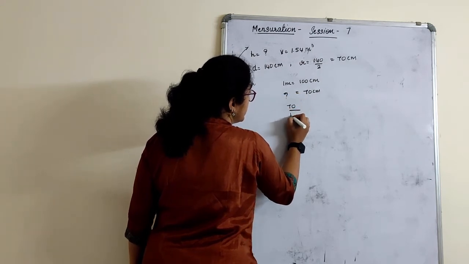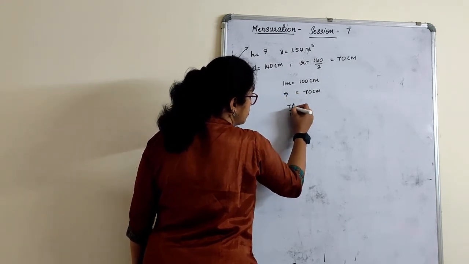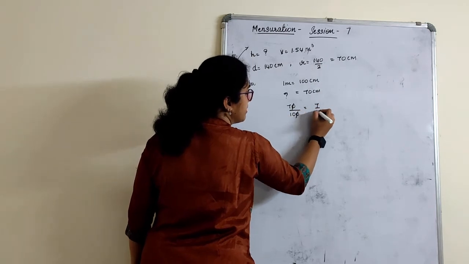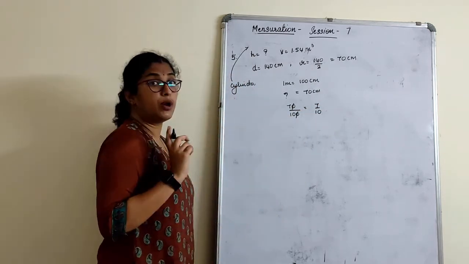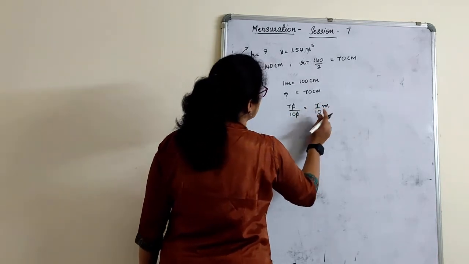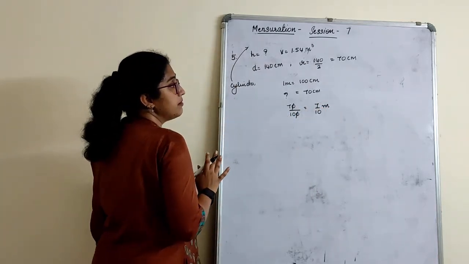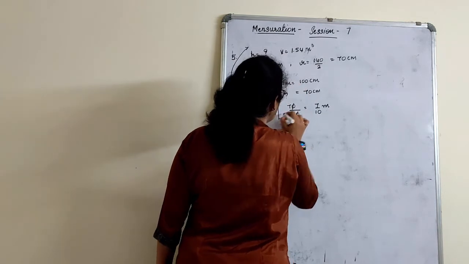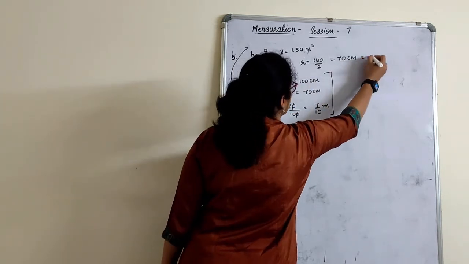So 70 by 100. 0, 0 will go. I'll keep this 7 by 10 only. I'll not write it as 0.7. I want to keep that in fraction, easy for me in further calculation. So radius is 7 by 10 meter. Write it here if you want. This is your calculation part.